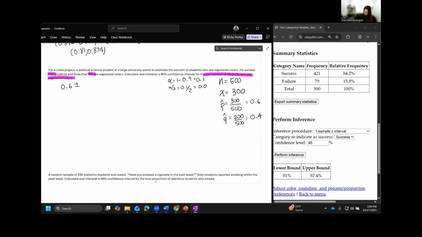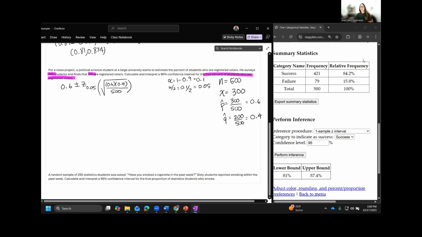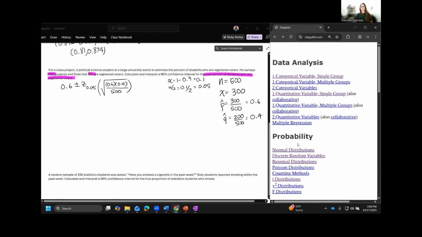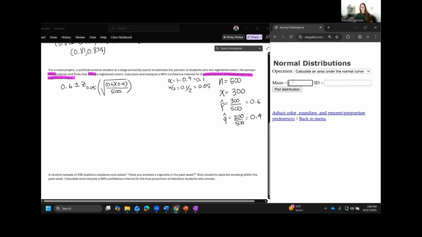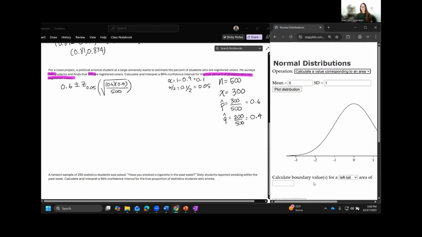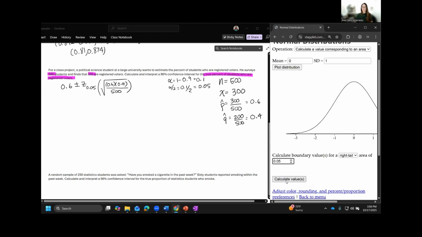So now I need a z critical value for 0.05, and I'm going to multiply that by the standard error, which is the square root of 0.6 times 1 minus 0.6, which is 0.4, divided by 500. So I'm going to go to Stapplet, and I'm going to use my normal distribution with my standard normal curve with 0 and 1, and I'm going to calculate a value to the right of 0.05.